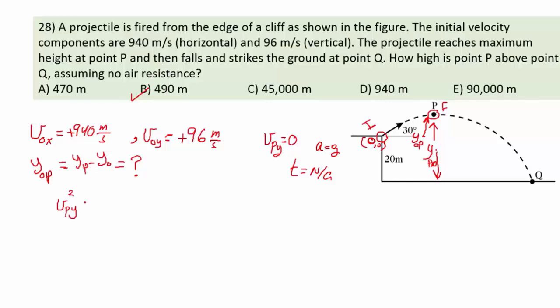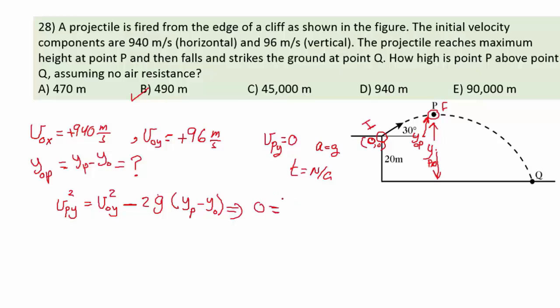The y component of the velocity at point P squared is equal to v0y squared, which is the initial velocity in the y direction, minus 2 times the acceleration due to gravity times the displacement from point C to point P, so it's yp minus y0. Now we know the velocity in the y direction at point P, which is the highest point, is 0.